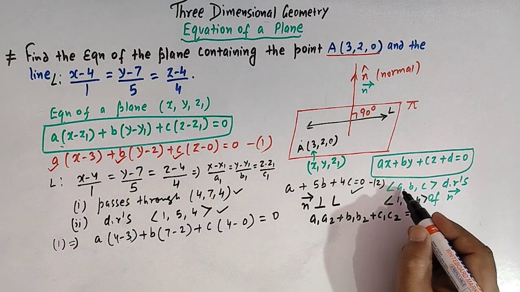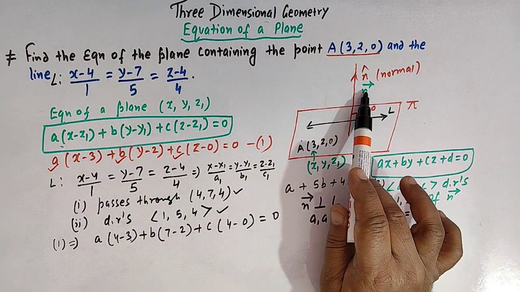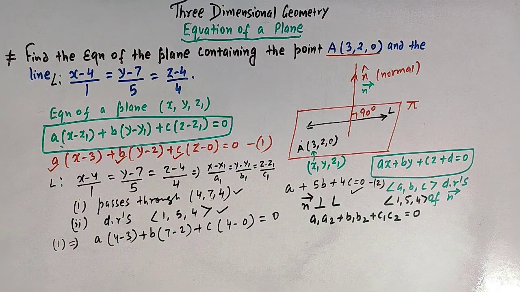Here a1, b1, c1 are the direction ratios of the normal vector, and a2, b2, c2 are the direction ratios of the line, right?